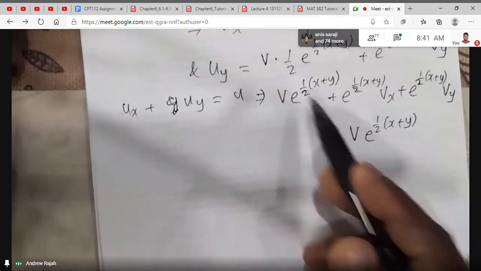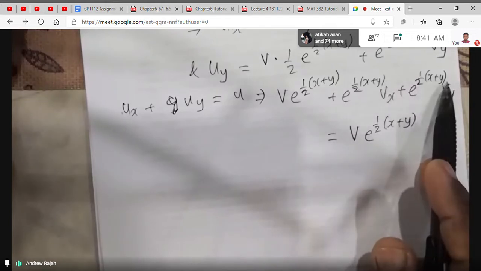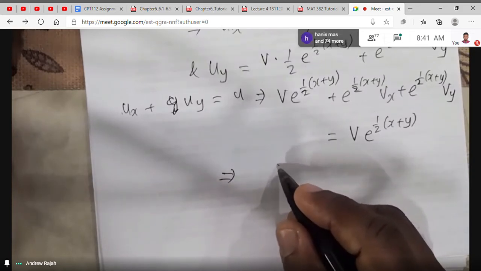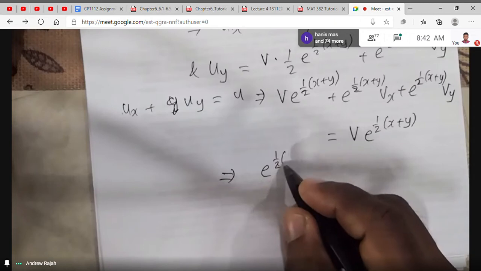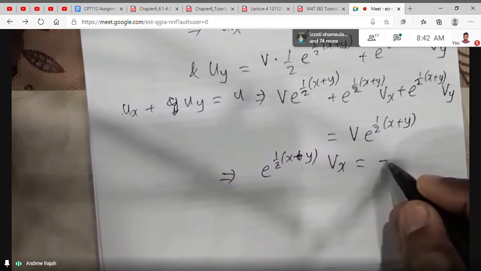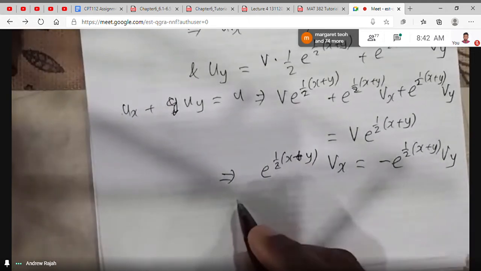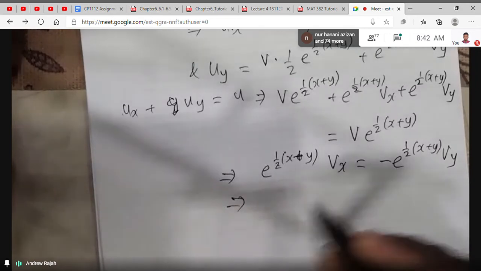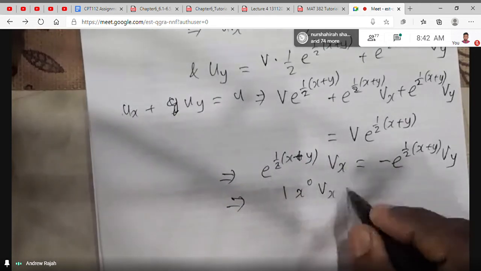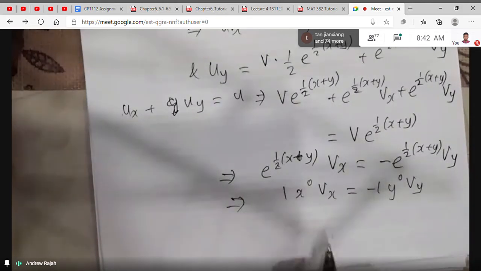Okay, then you know these two can cancel off, and then you have only this one, and then this one can cancel off both sides, so you get, okay, I write first now, I don't skip the working, vx equals to negative e to the power of half x plus y vy, implies cancel off 1 x to the power of 0 vx equals to negative 1 y to the power of 0 vy, same thing as earlier.